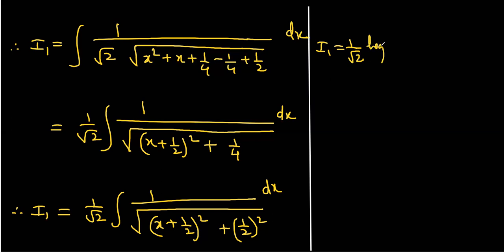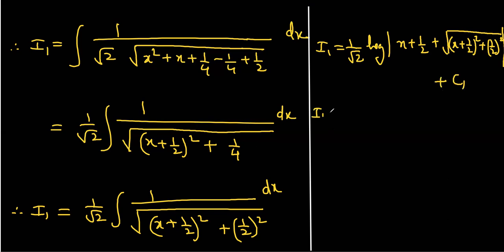That is log of variable, which is x plus half, plus the square root exactly as it is, which is x plus 1 by 2 square plus 1 by 2 square, mod closed plus c1.